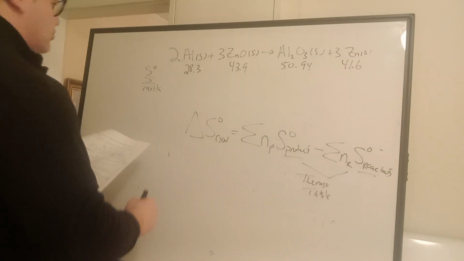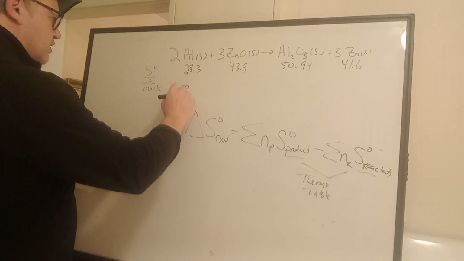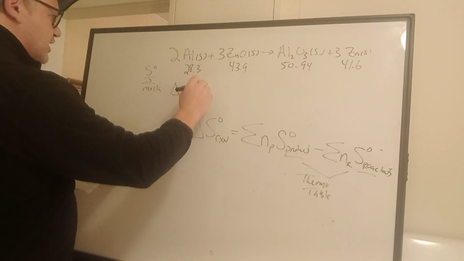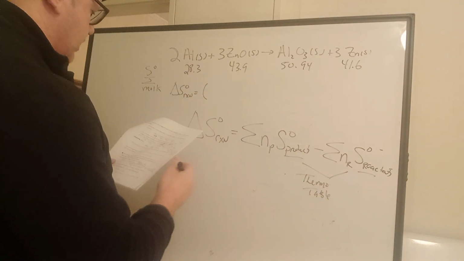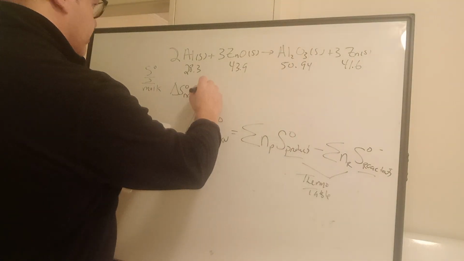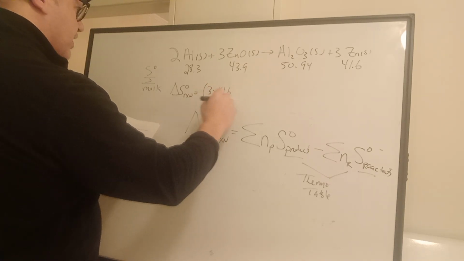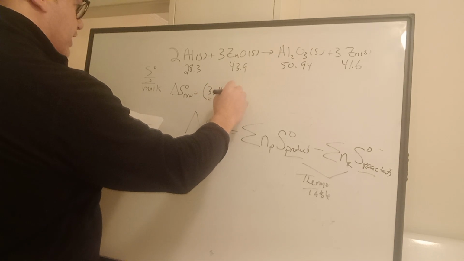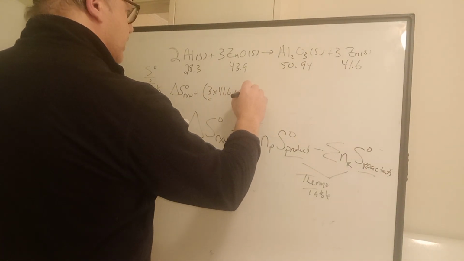So, let's do the products minus reactants, delta S naught for reaction. This will be the products. Here we got zinc, which is 41.6. We got a 3 in front of it. I'll put the joules per mole on the outside. And then we have 1 alumina, 50.94.